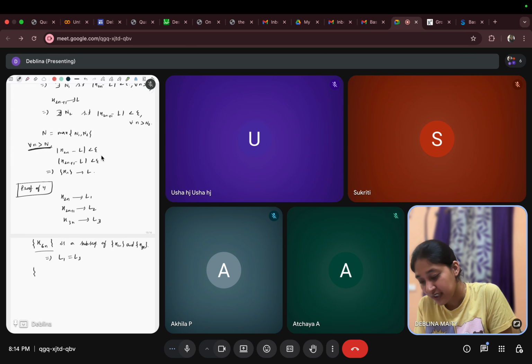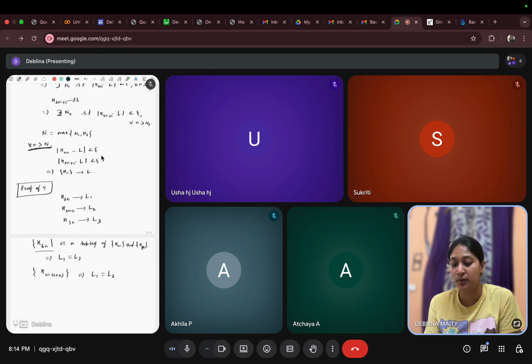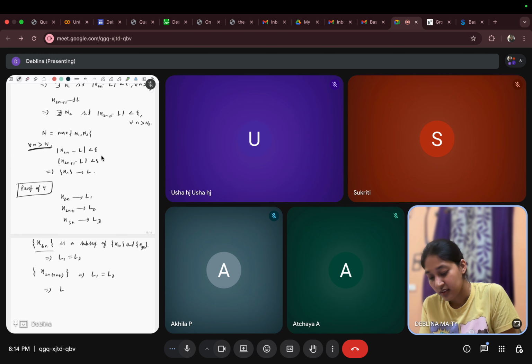Now if we take x2n and x2n+1, this subsequence, and a similar thing happens, this will imply L1 equals L2. So L1 equals L2 equals L3.